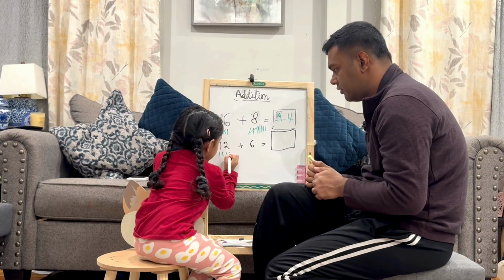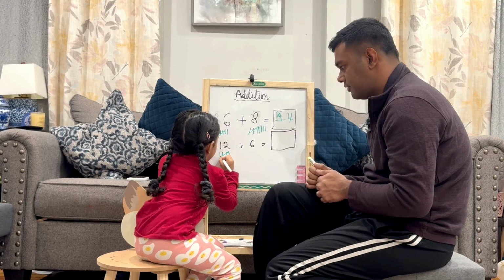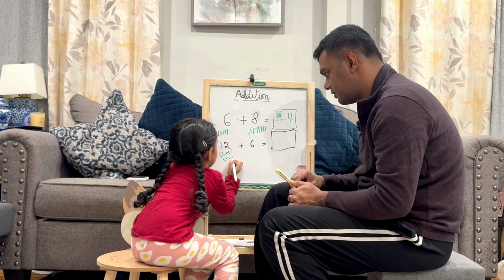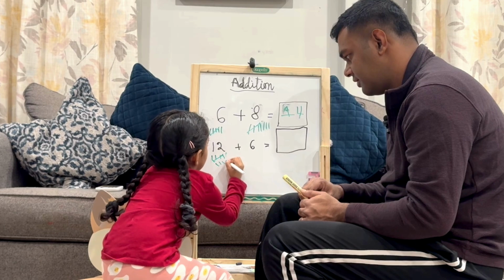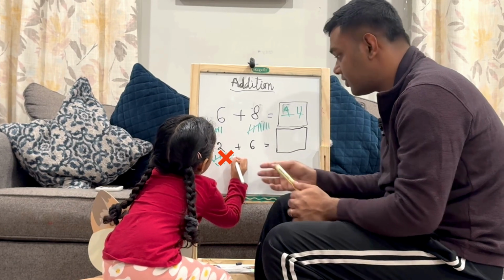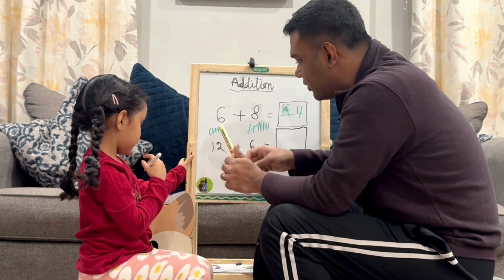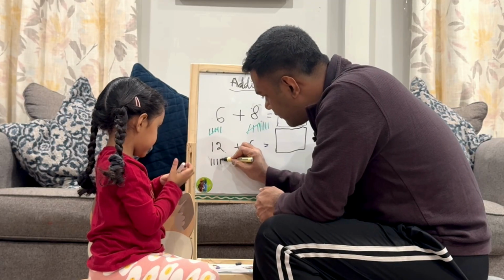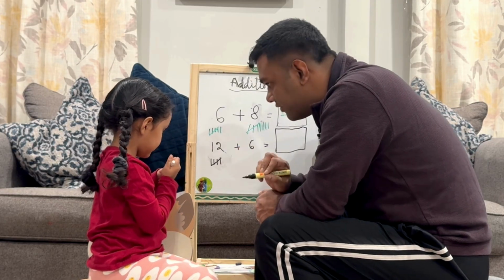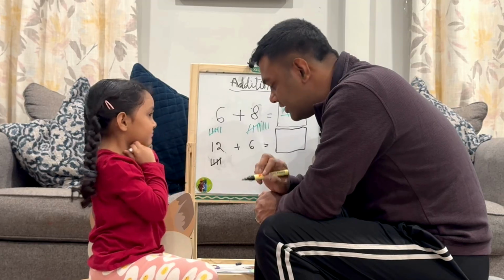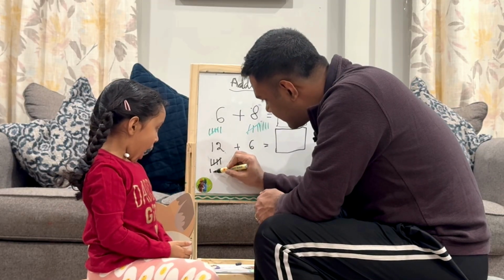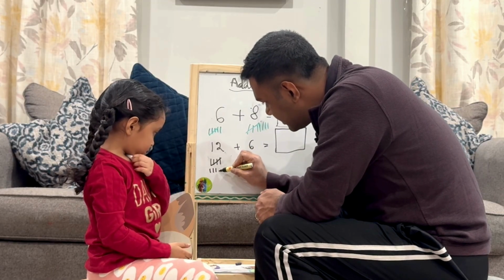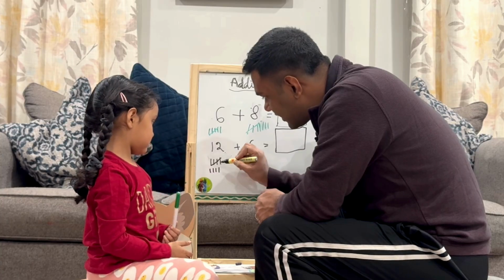Since this is 12, so let's say 1, 2, 3, 4, 5, then you see 6, 7, 8, 9. Then the 10 will be?